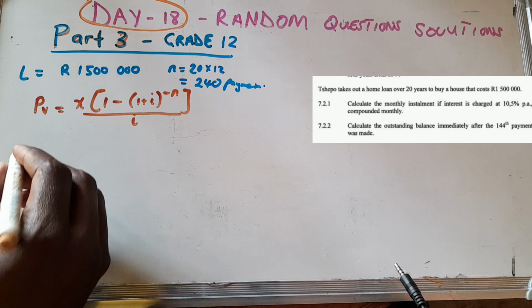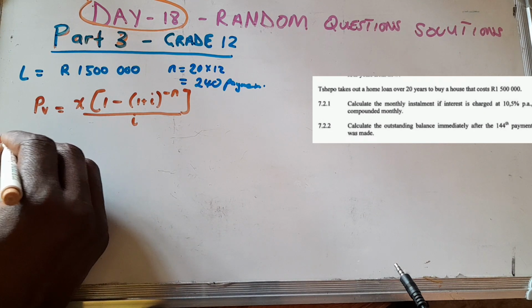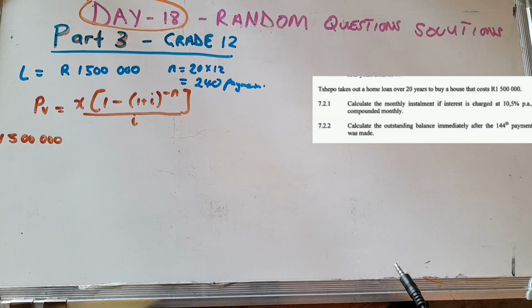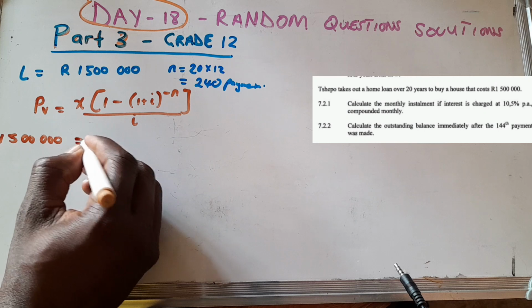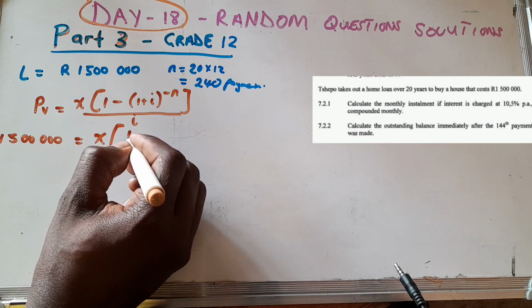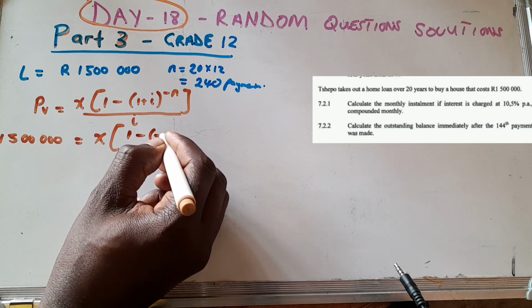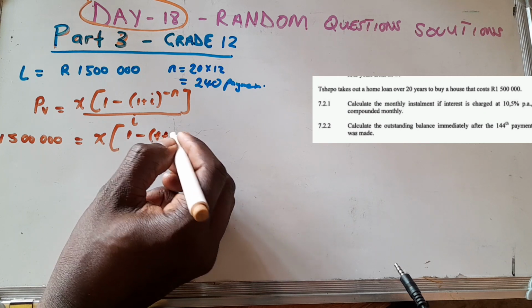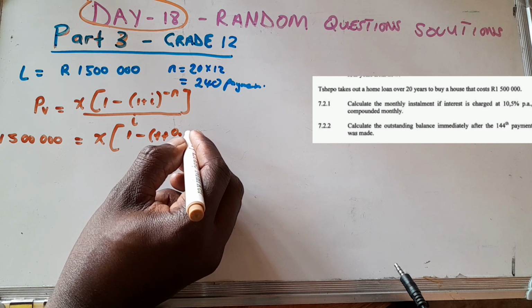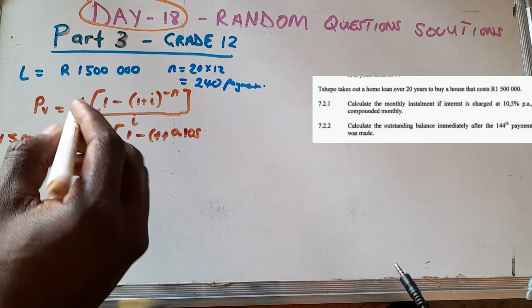So the present value is 1.5 million, being equal to x. We are looking for that. So 1 minus 1 plus 0.105. This is our interest.